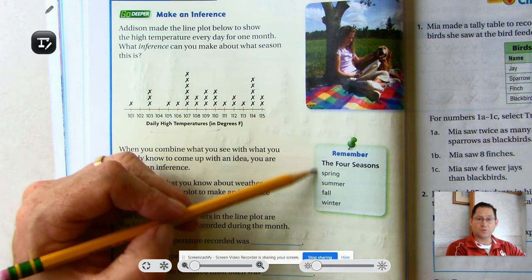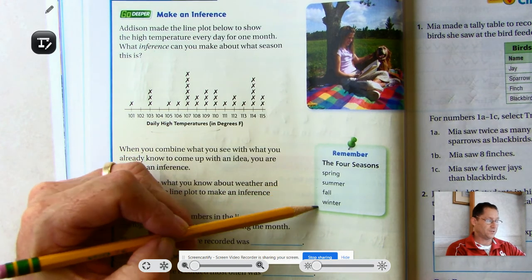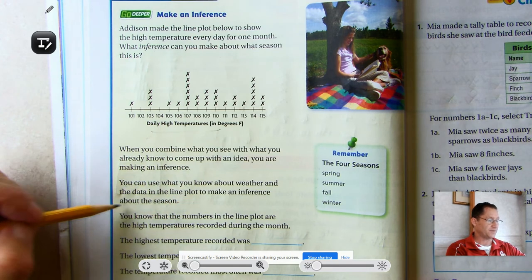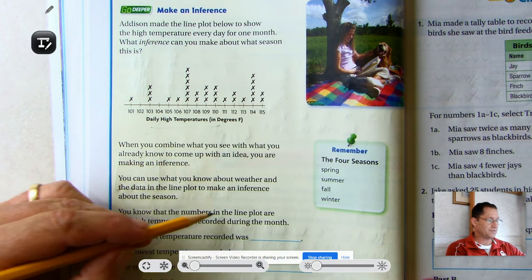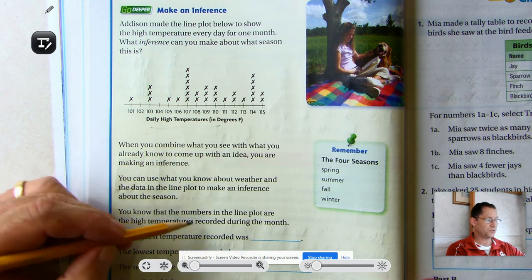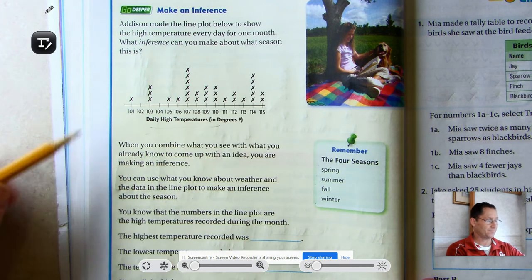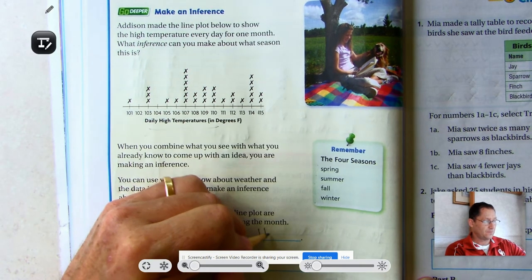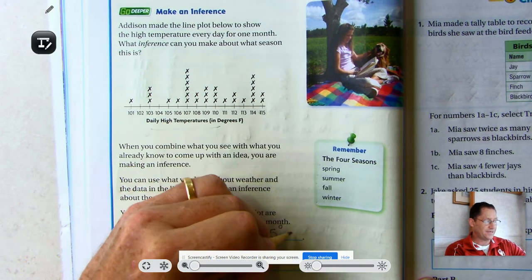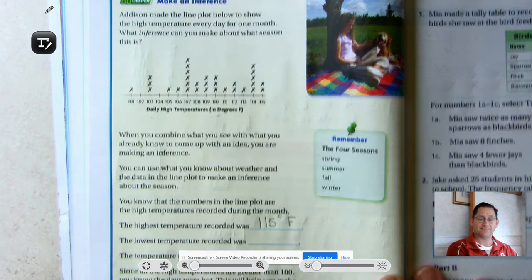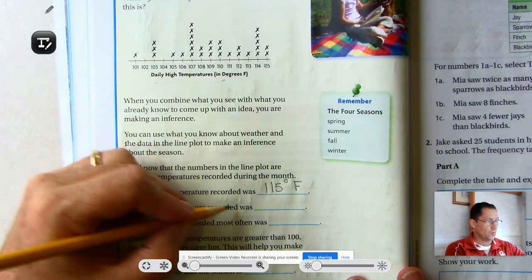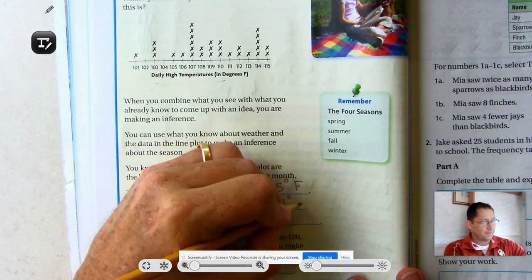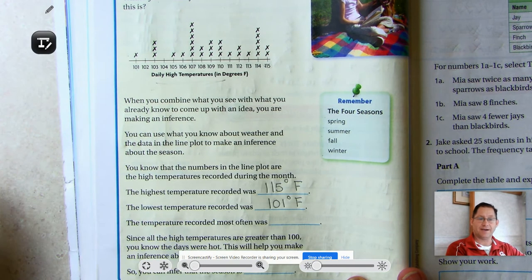So remember that the 4 seasons are spring, summer, fall, and winter. You can use what you know about weather and the data in the line plot to make an inference about the season. You know that the numbers in the line plot are the high temperatures recorded during the month. The highest temperature recorded was 115 degrees Fahrenheit. The lowest temperature recorded was 101 degrees Fahrenheit.